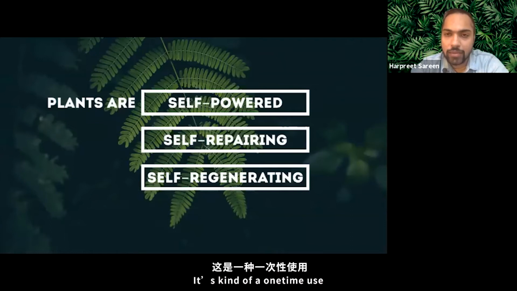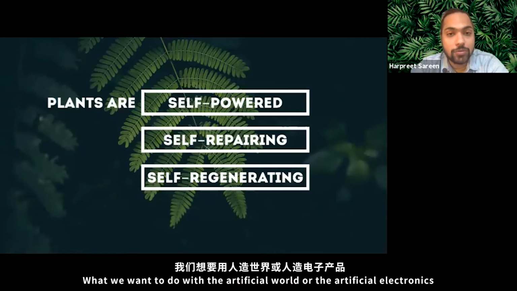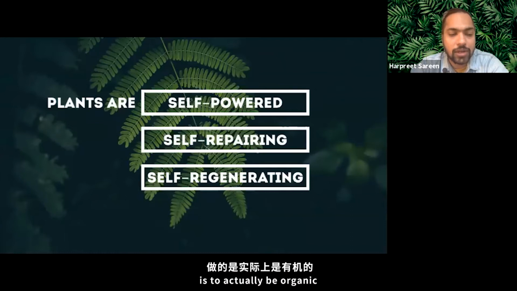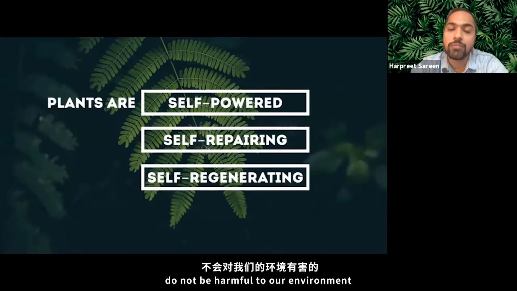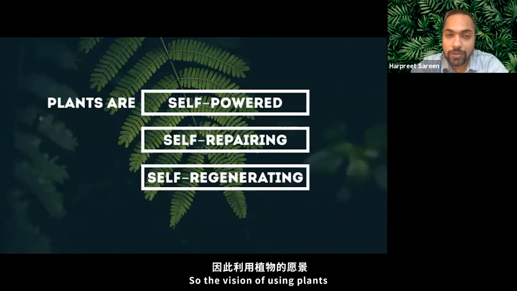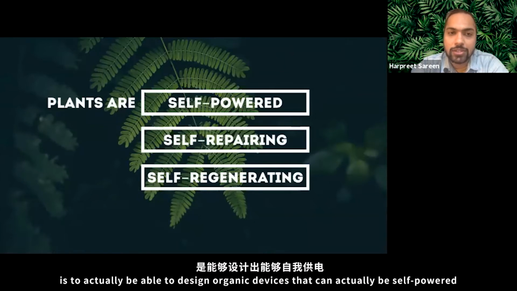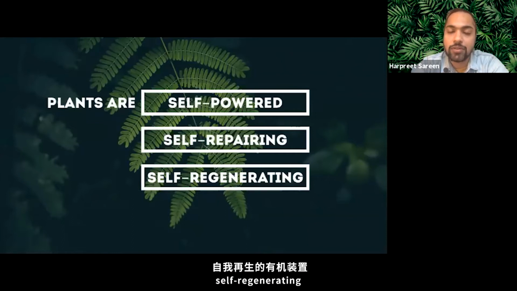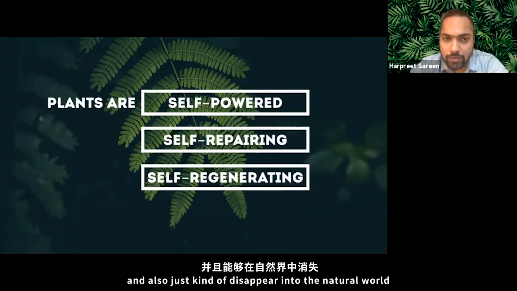It's kind of a one-time use. What we want to do with the artificial world or the artificial electronics is to actually be organic, to not be harmful to our environment, to actually do the kind of things that organisms do. So the vision of using plants is to actually be able to design organic devices that can be self-powered, self-repairing, self-regenerating, and also just kind of disappear into the natural world.